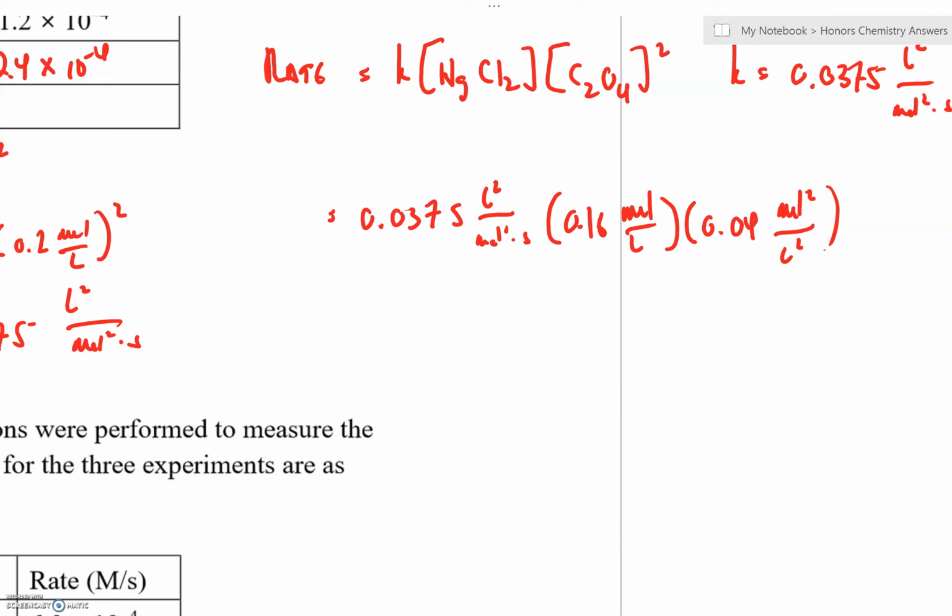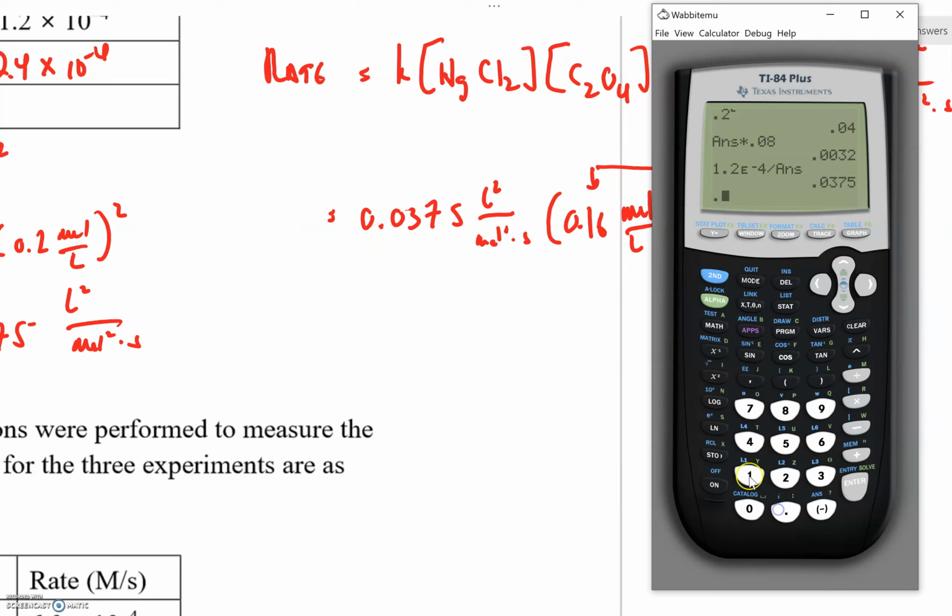Okay? Watch what happens, ladies and gentlemen. Now I'm going to take these two values here and multiply them together. So we get 0.16 times 0.04, and this is now 0.0064.